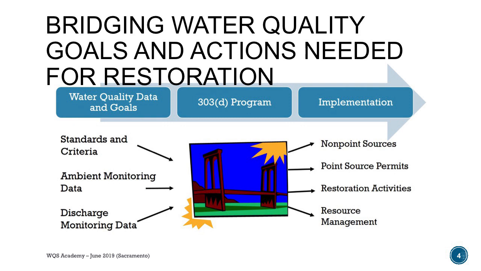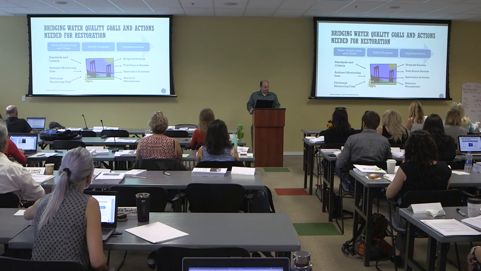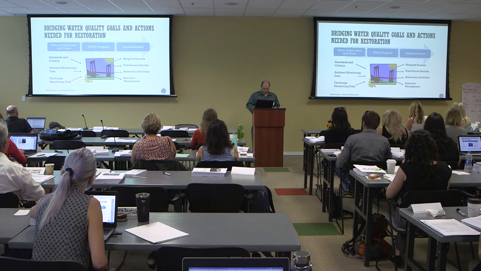And that's the key. And then that plan kicks off a whole bunch of other things, or it can. Some things mandatory, like it gets reflected in permits. Other things not necessarily mandatory, or mandatory by the state, not by EPA, like non-point source requirements and so forth.